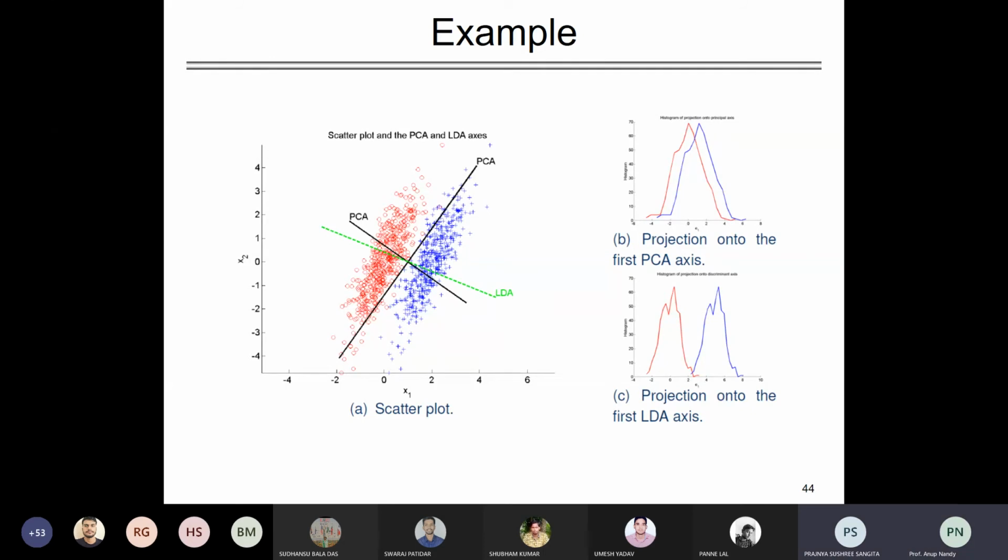Sir, in this first LDA analysis, we are calculating all the mu1 tilde and mu2 tilde and all those S1 and S2 tilde on the projected Y values, right? Yes.